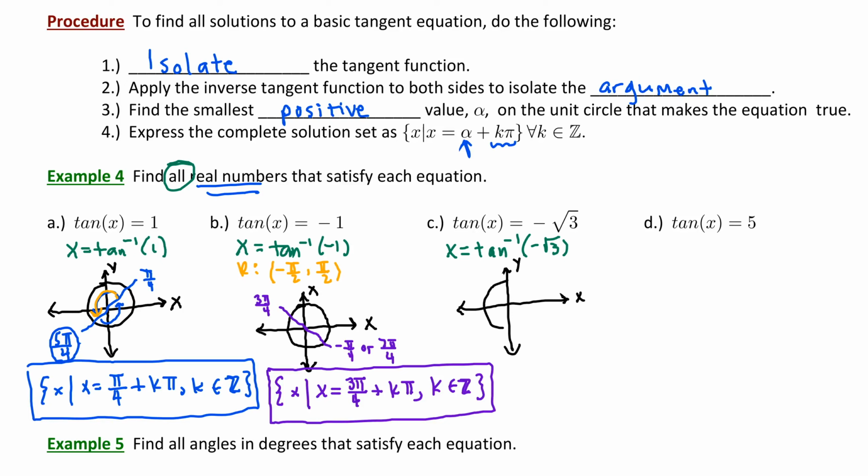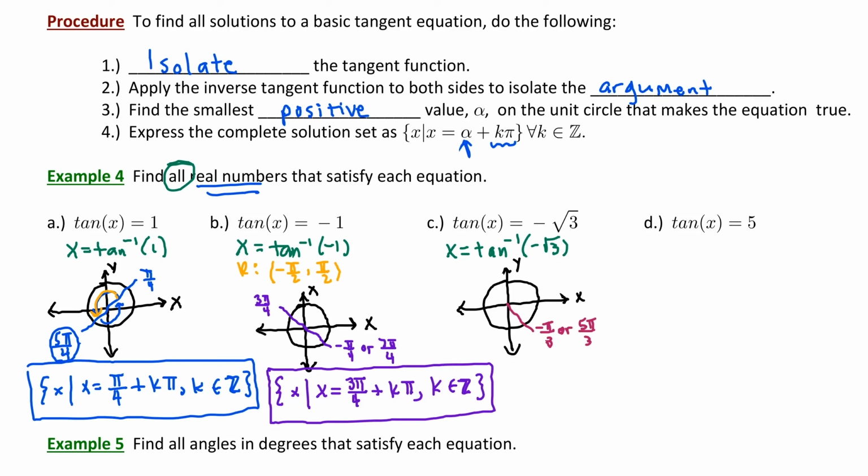Remembering that inverse tangent has a range between negative pi over 2 and pi over 2, the solution that comes out of our inverse tangent function then would be negative pi over 3. We can easily adjust that to a positive coterminal angle of 5 pi over 3.